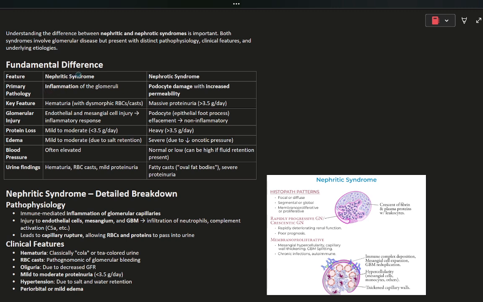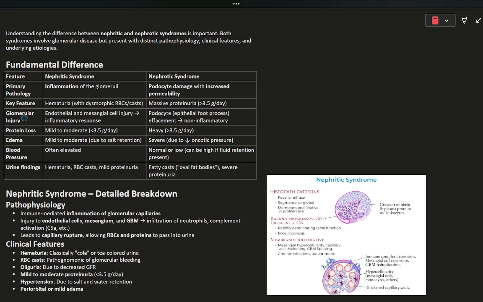So for nephritic syndrome, the primary pathology is the inflammation of the glomeruli, and some key features will include hematuria, or red blood cells in the urine. The red blood cells will be dysmorphic in shape, and sometimes red blood cell casts may be present.